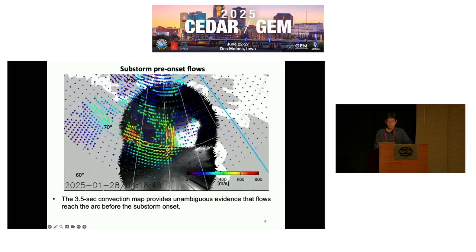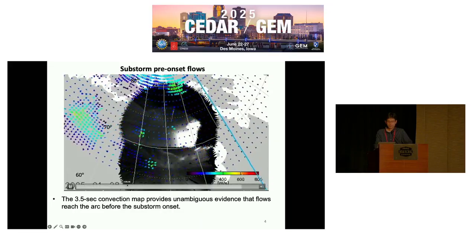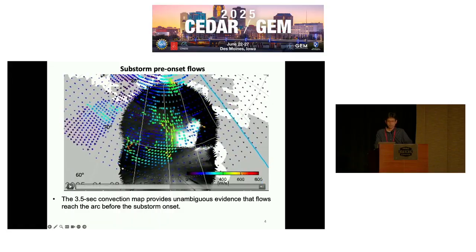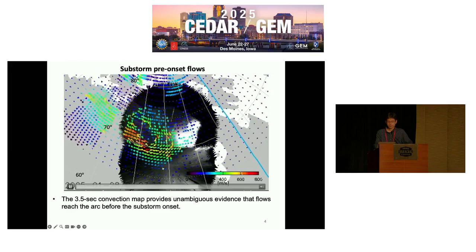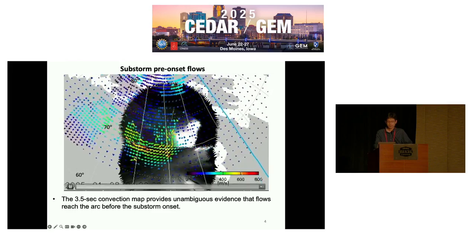So let's take a look. The background is Themis all-sky camera data, and now we see fast flows coming down. Going back, initial flows are weak, and then flows start to intensify in the middle. There was no response in the aurora yet, so it's clearly showing that the flows are coming first. Flows are intensifying, and then the substorm onset took place.